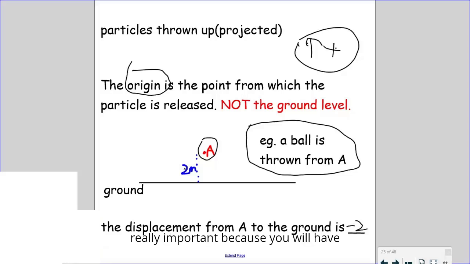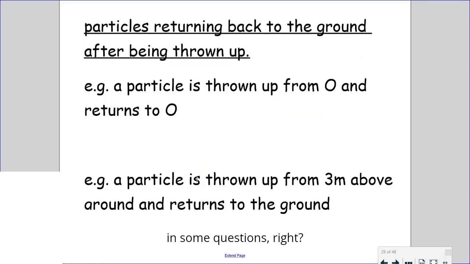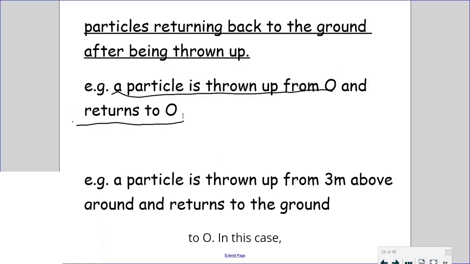Now, this is really important because you will have questions where an object is thrown from somewhere here, and they will ask you to find the time it takes to get to the ground. And I'll show you in some questions. So, for example, let's say a particle is thrown up from O and it returns to O. In this case, your displacement is 0.